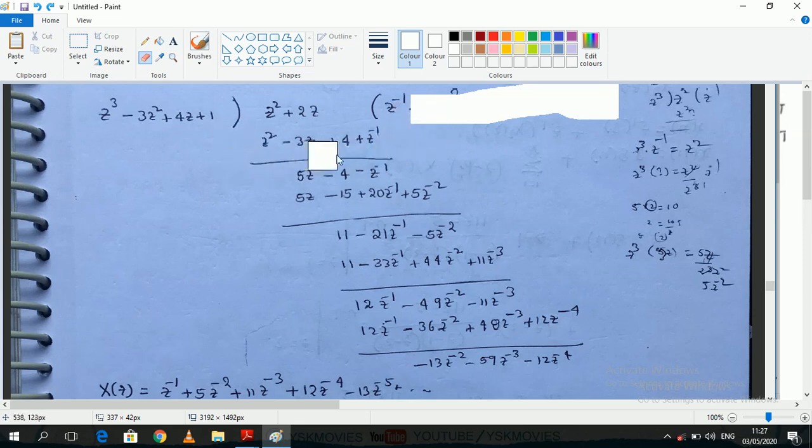So this is the entire value, and after that you just cancel it and we get 5z minus 4 minus z power minus 1. Again you do one thing.